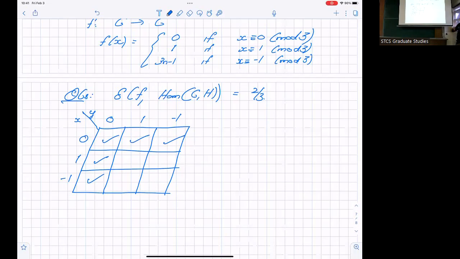If x is 1 and y is minus 1, also it will pass. Is that right, actually? Yeah. Therefore, these two will also pass. And the only things that will fail are these. Therefore, delta epsilon f for this is 2/9.